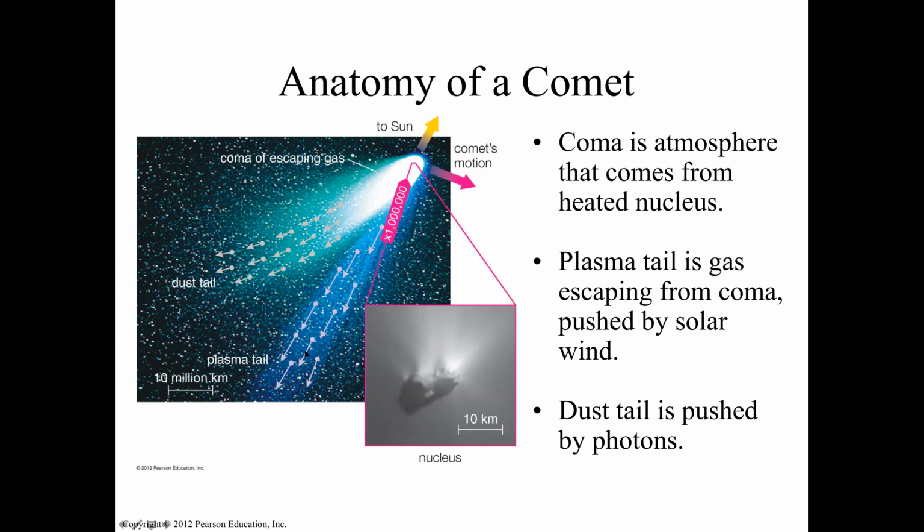But again, the gas tail or ion tail is directly in the opposite direction of the sun. So let me actually show it like that. If this is the way that the gas tail is going, that way I have the sun. So the sun is in the opposite direction, okay?